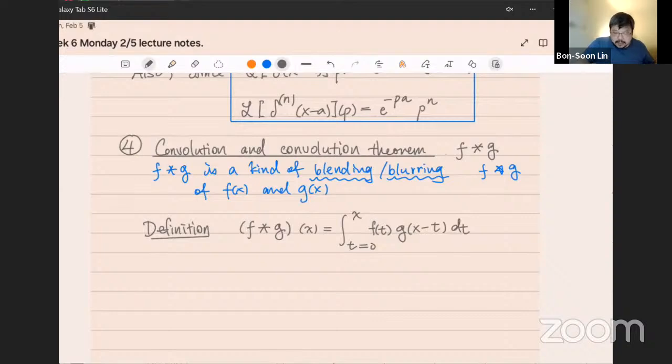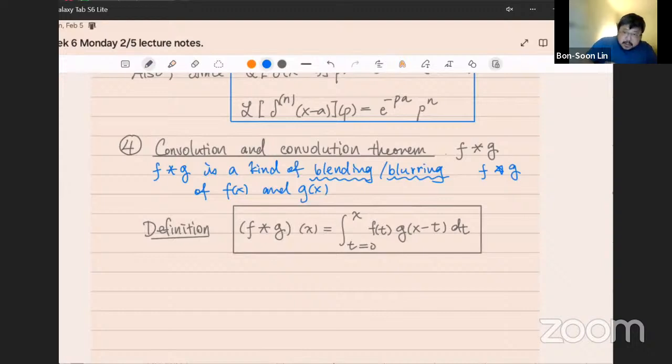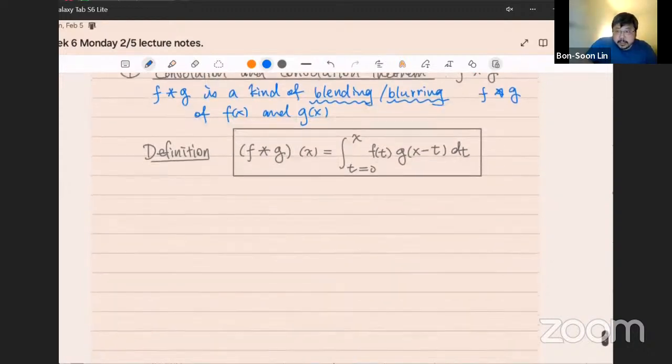So you take a function and integrate against another function, but the other function is delayed by time t, and you integrate t from 0 to x. The result is a function of x, and that is defined to be the convolution of f and g. Let me box this. This is the definition. It's an integral again. And we're going to see why we care about this.